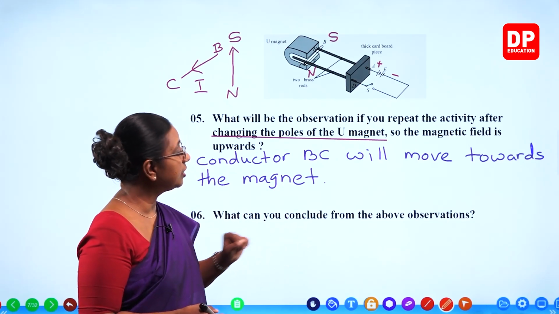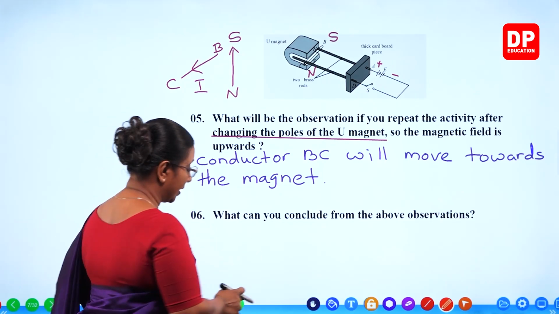So what can you conclude from the above observation? That is what I mentioned now.